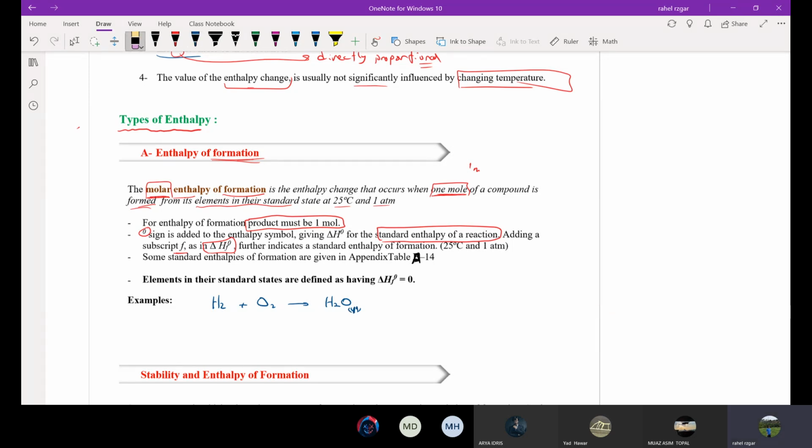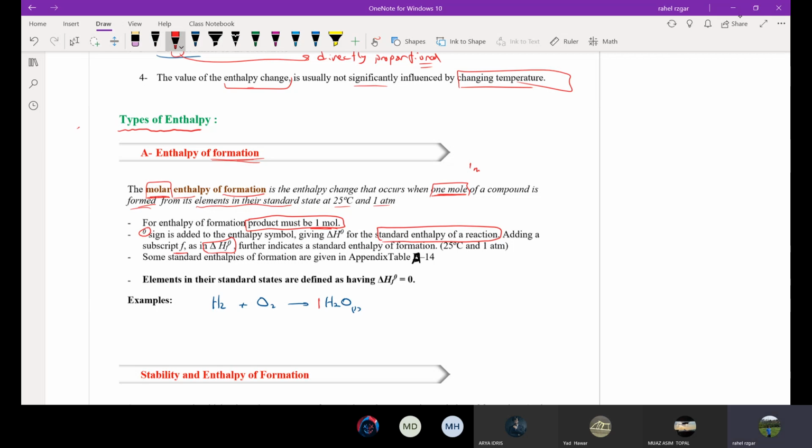In this equation, if I want to have 1 mole, this is important, the product must be 1 mole. So I have to leave this one as 1. We must have only 1 mole of product, nothing else.